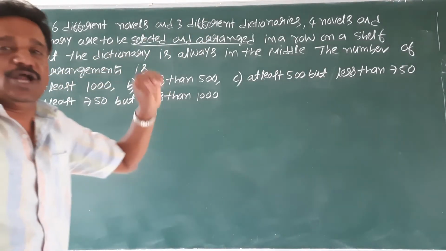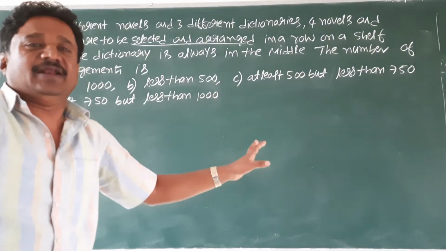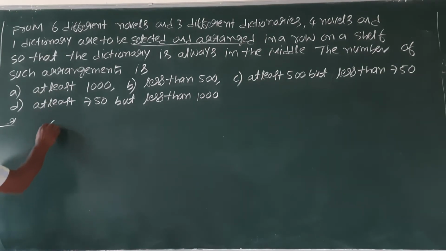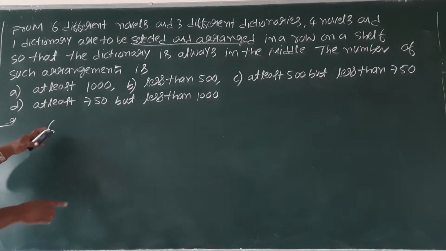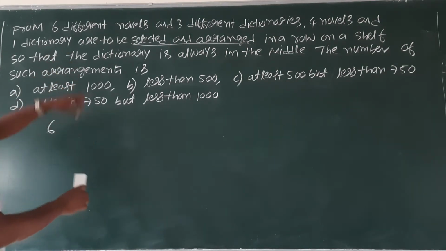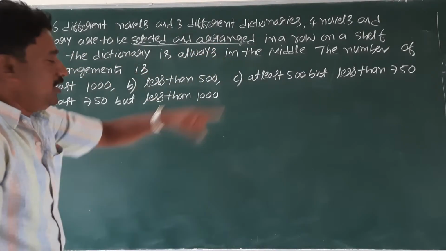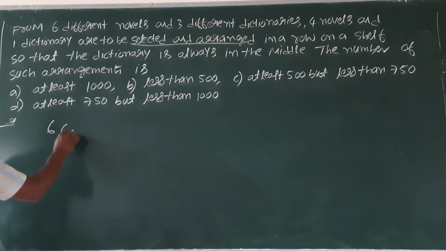Let me see in how many ways that can be done. Total novels 6. From that, the number of selections of 4 novels is 6C4.